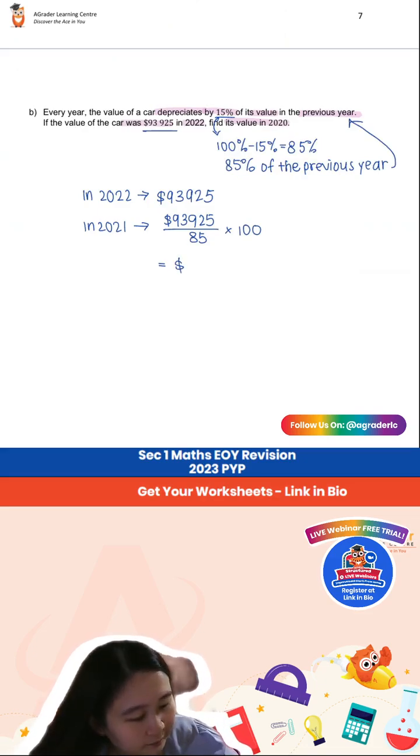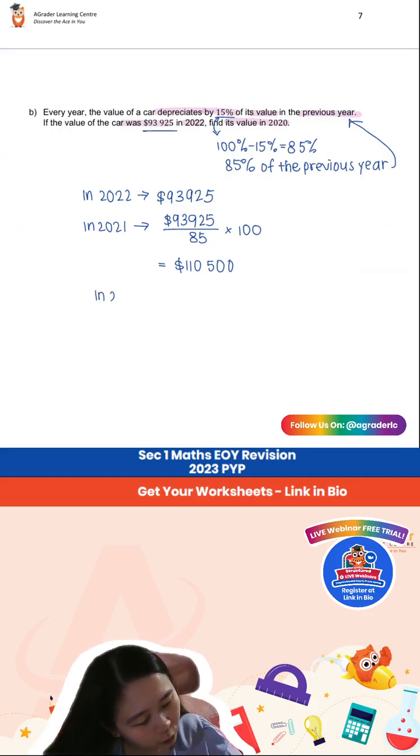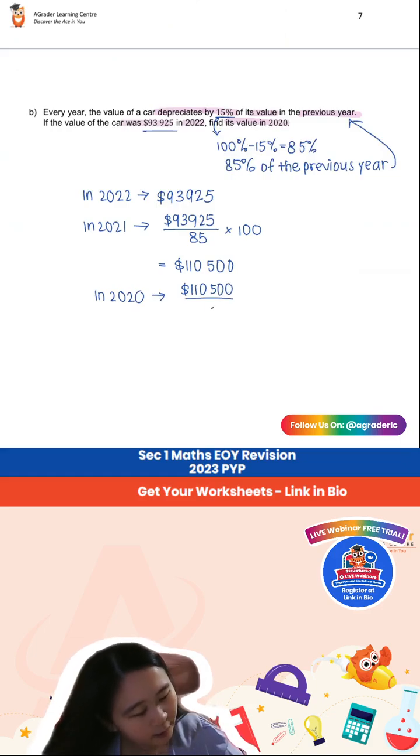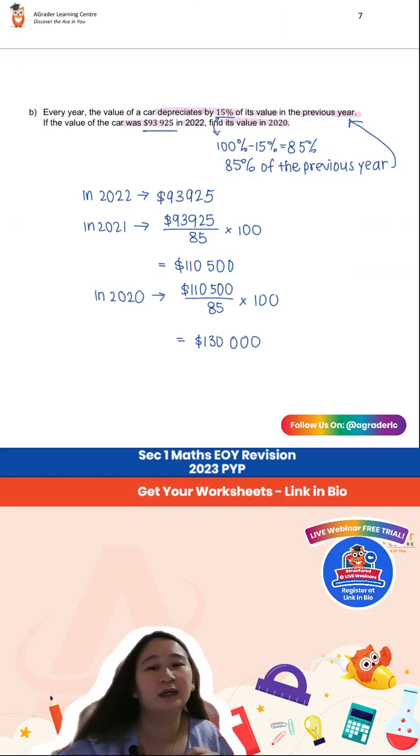I will get 110,500. So this is the value in 2021. Same thing, if I want to find 2020, this value is actually 85% of the value in 2020. I use the same method, divide by 85 times 100. That's how we get the 130,000.